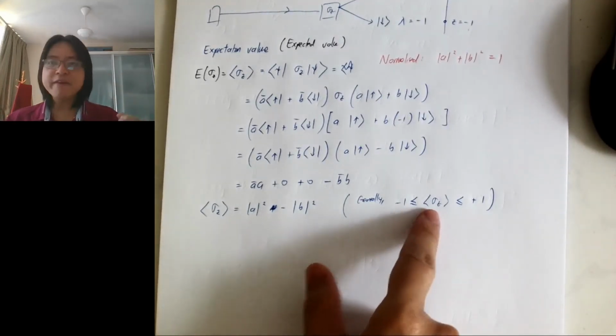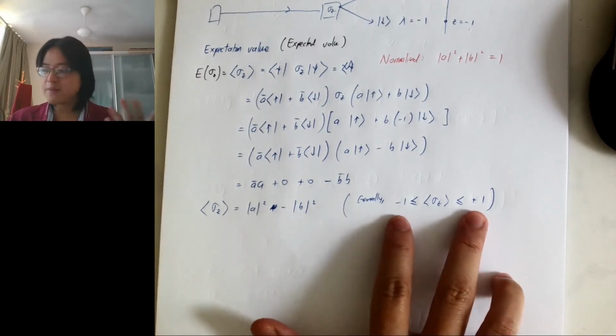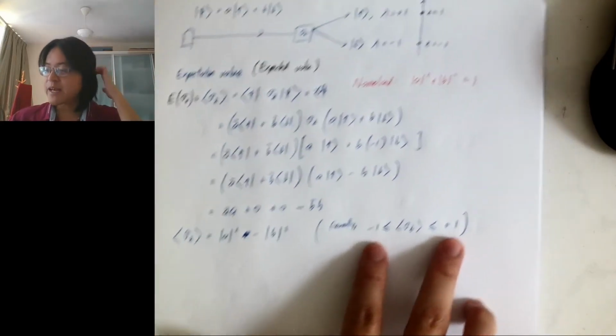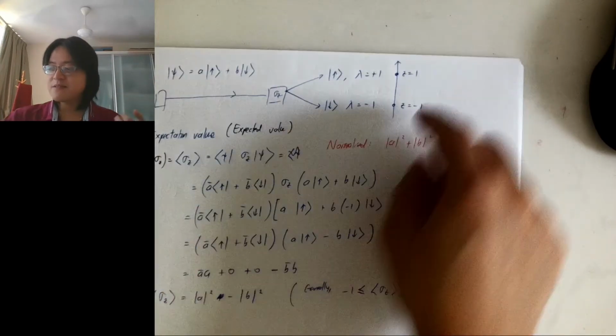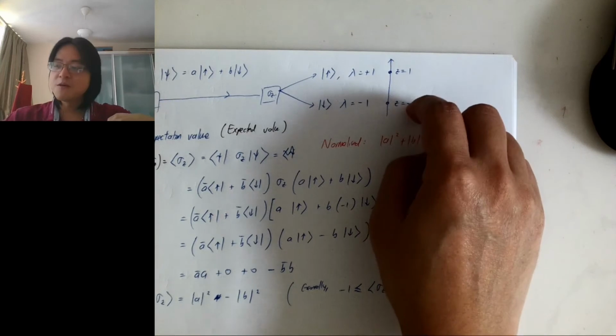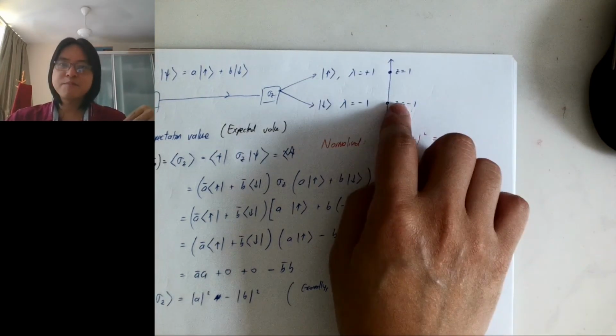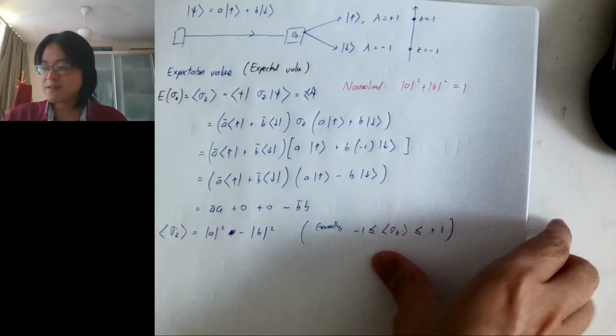The expected value is somewhere inside your sample domain, between -1 and +1. You cannot go beyond that, because the worst is here, the best is here, so it is always from the worst to the best.